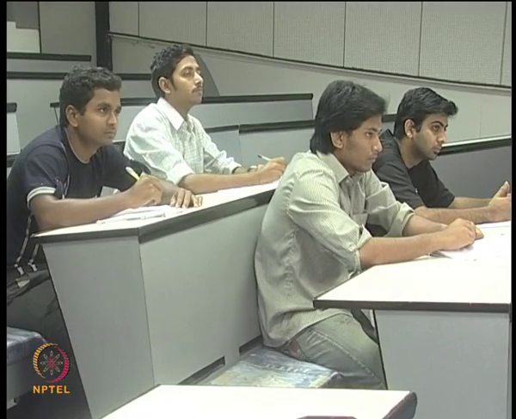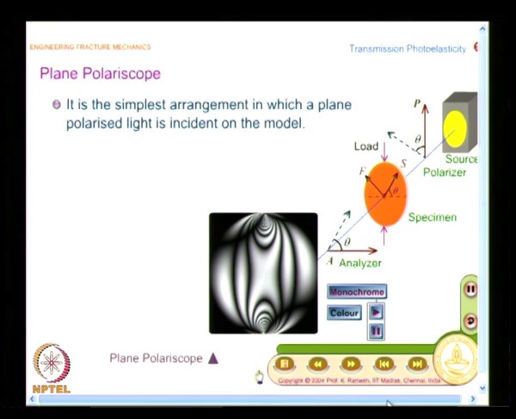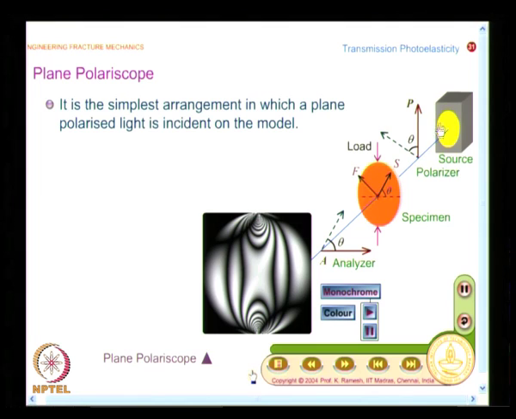So what you find here: I have a polarizer, I have an analyzer, and I am sending a monochromatic light source, and I have a model which is birefringent and loaded. The background is still dark, and within the region of the model you find fringe contours.